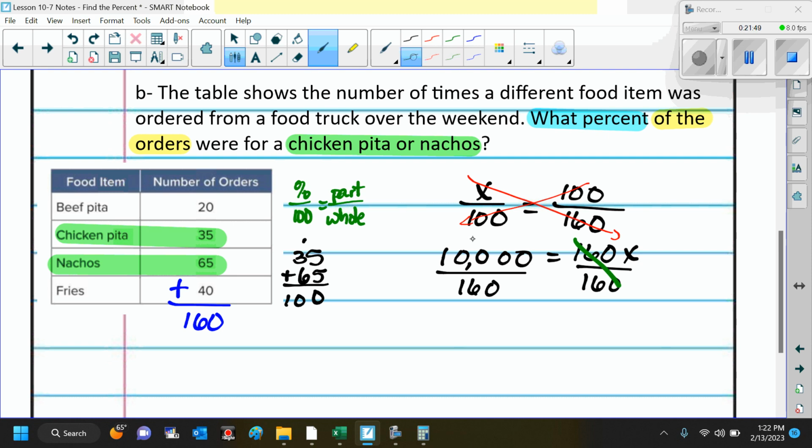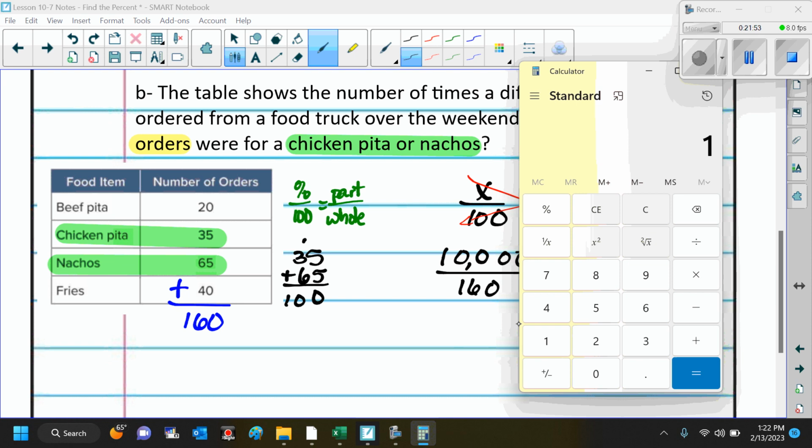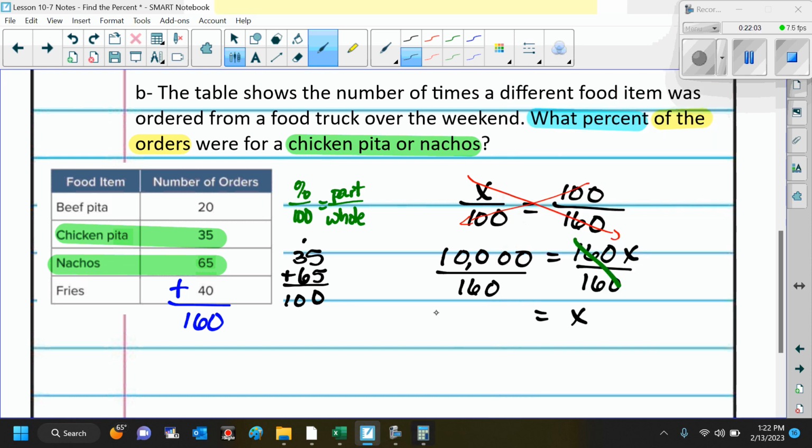Those 160s cancel. And x is equal to 10,000 divided by 160, and that gives us 62.5. So x is equal to 62.5% of the people chose or ordered chicken, pita, or nachos.